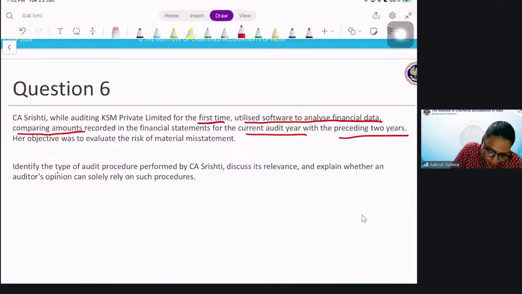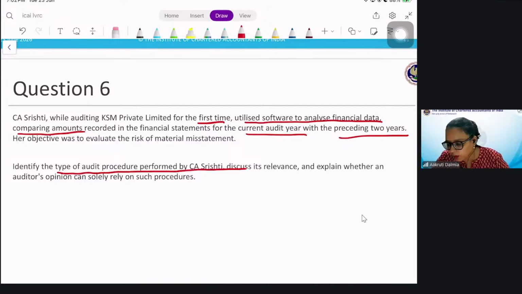Identify the type of audit procedure performed by CS Trishti. Okay, first everyone quickly tell me. First time you're auditing, you are just going through the software to analyze data, comparing it with the current year and last 2 years. You want to understand risk of material misstatement. What procedure is Trishti doing?